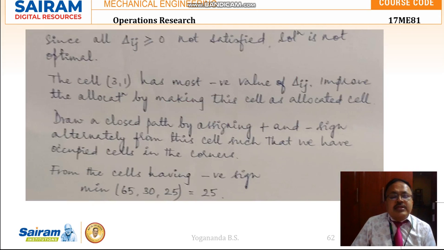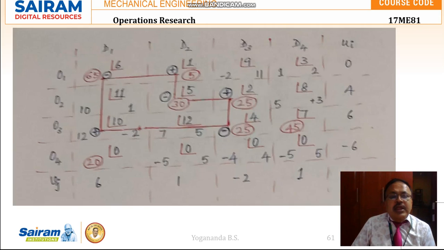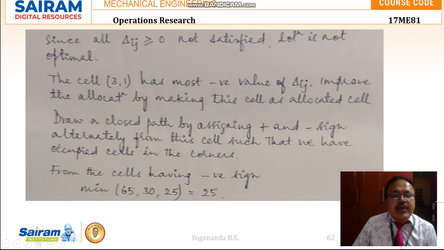The cell 3, 1 has the most negative value of delta ij. If we have more than one cell with a negative delta value, you take the most negative one. But here we have only one negative sign, so that is cell 3, 1.